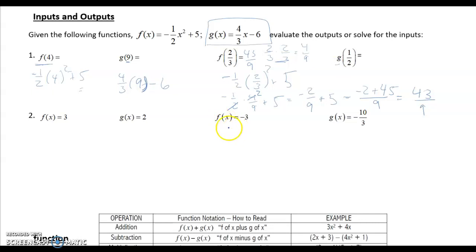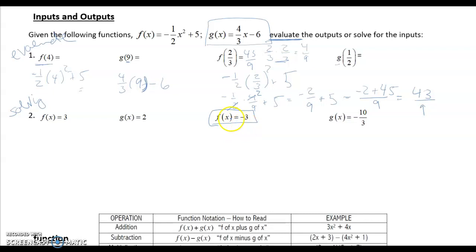Let's do this one. Now you've been given an output and you need to find the input. So when I give you an input, these are evaluate questions. You're just doing arithmetic. There's no solving. But here, you're solving.